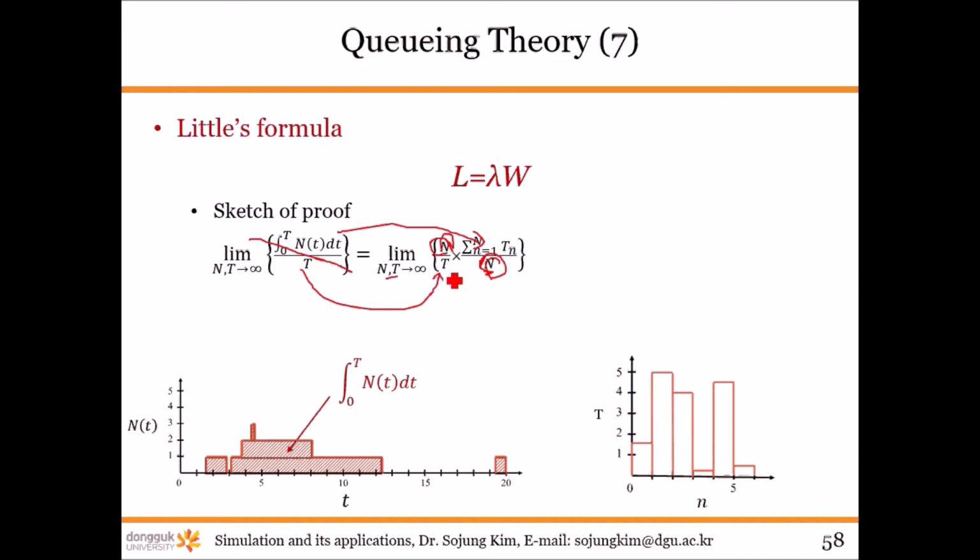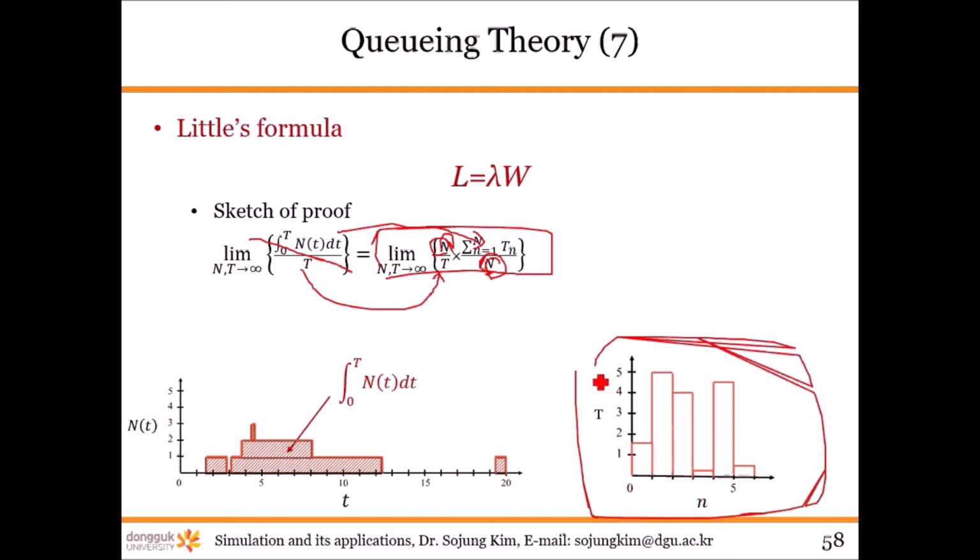So let's change the shape a little bit like this, and then based on that you can draw this kind of graph. In other words, there is a number of customers, right?